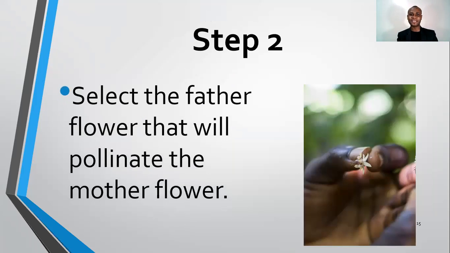Step two, select a father flower that will pollinate the mother flower. Like you will see in this photo here, you are going to pluck the flower, and the one you remove becomes the father flower. So father flower and mother flower are on two different trees.